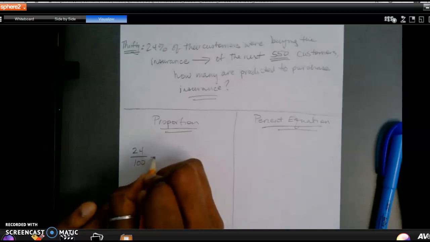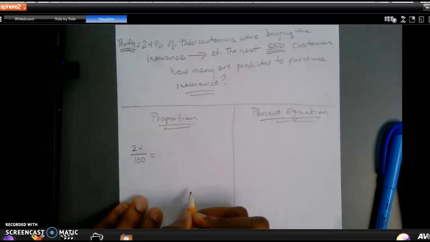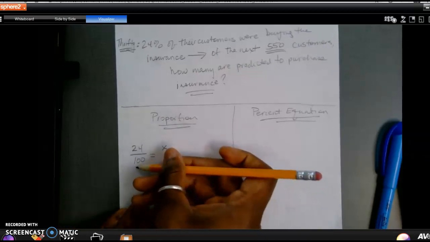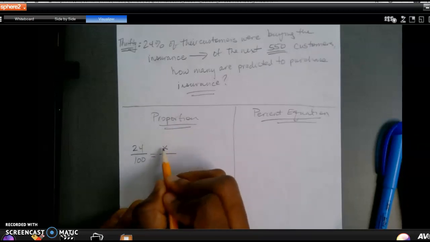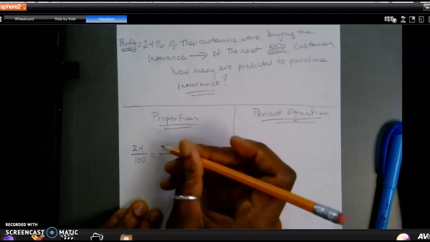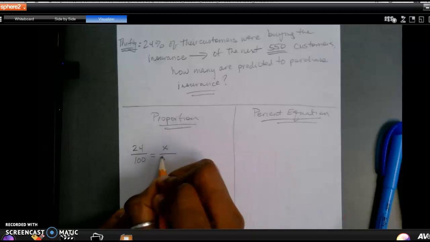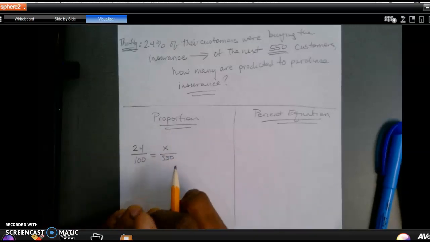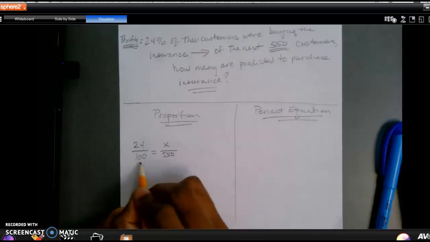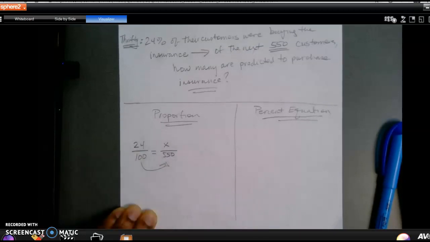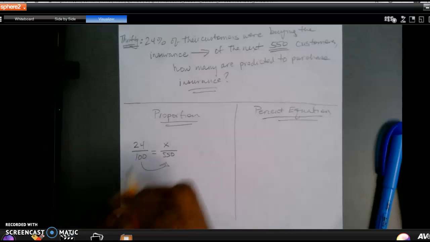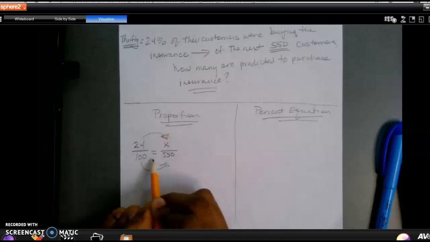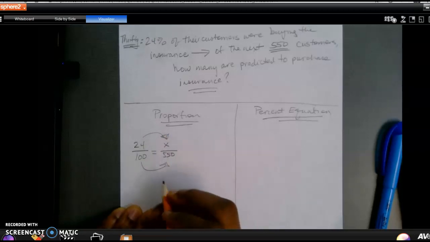All right, now I'm going to set that as equal to some unknown number of customers. Remember, part over whole, and I'm going to do equal to part over whole. Some part of their customers, and again, the whole of the customers that I'm looking at would be 550. All right? So now, using a proportion, some number times 100 gave me 550.